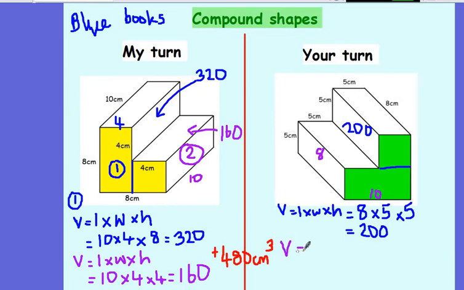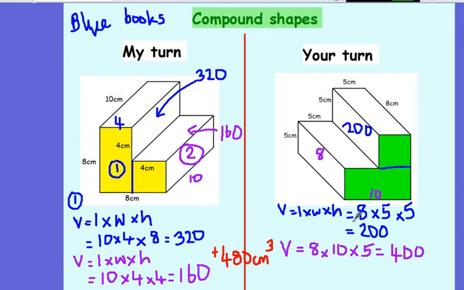Our volume is therefore going to be the length, which is 8, times the width, which in this case is 10, times the height, which is 5. 8 times 10 times 5 gives me what, Violet? 400. Lovely.